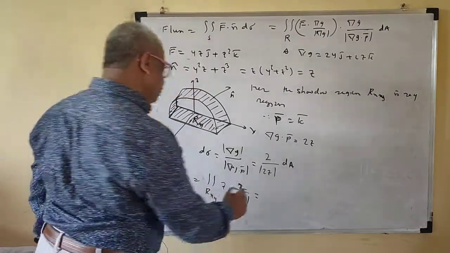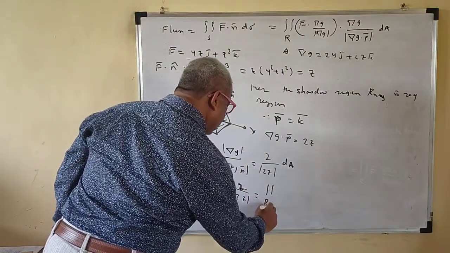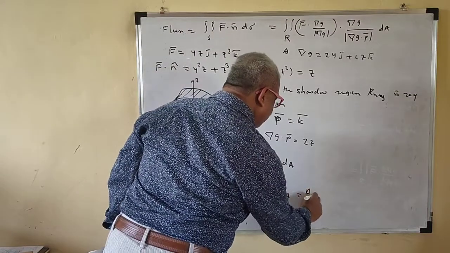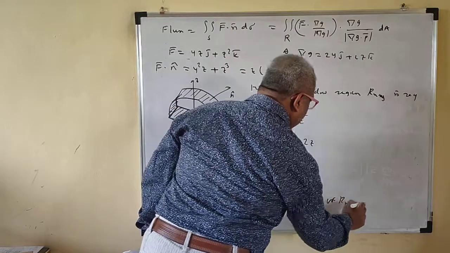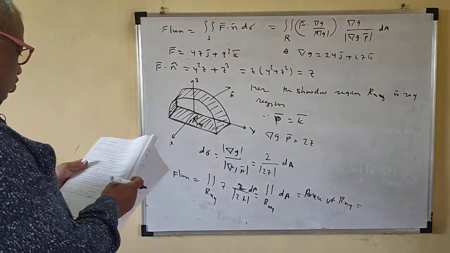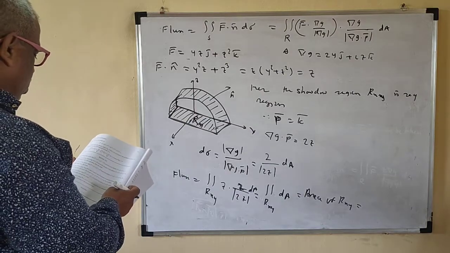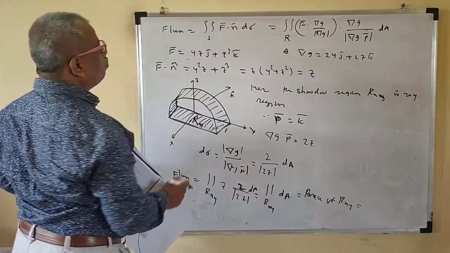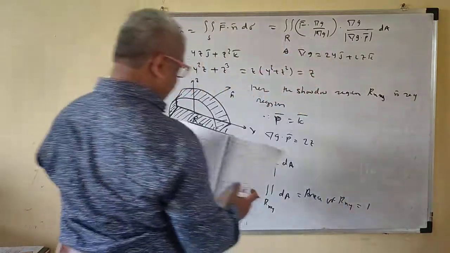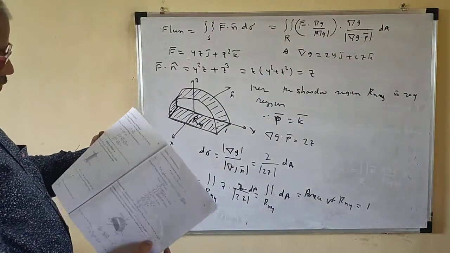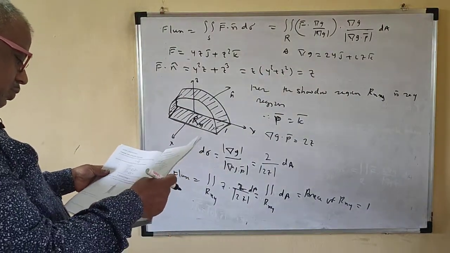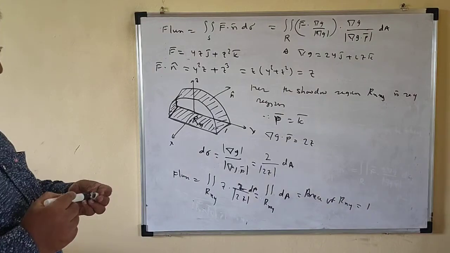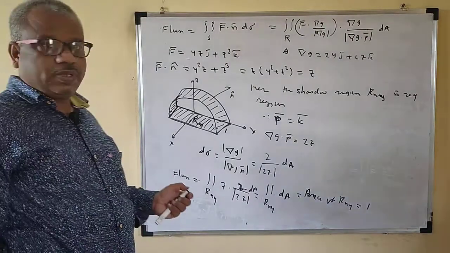Z gets cancelled, 2 also gets cancelled. This is the integral over Rxy of dA only, which is the area of Rxy. That is 1, so 1 into 1 is 1. The value is 1. I hope that you understand all these things. Now we will stop here. Thank you.